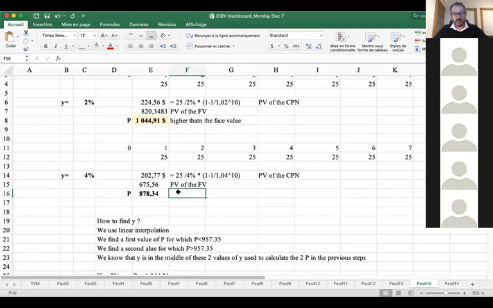And here we have something which is lower than the face value. So this one trades at a premium, and this one trades at a discount, okay?